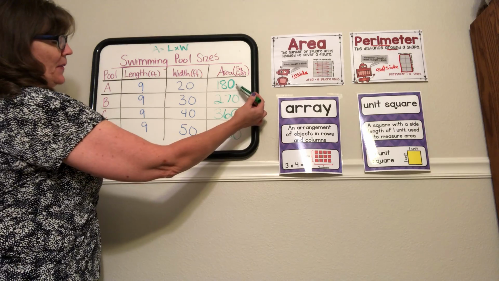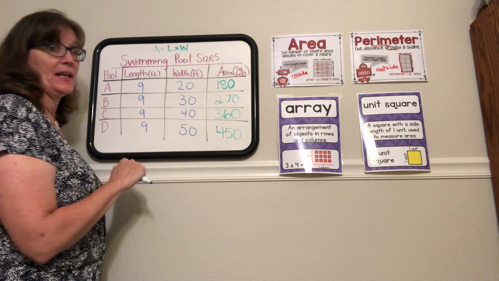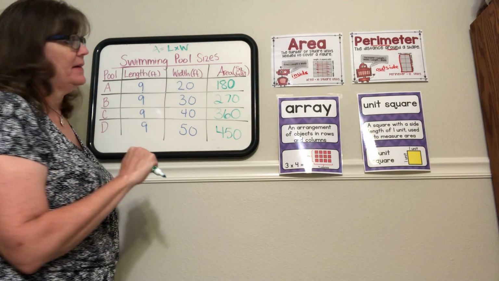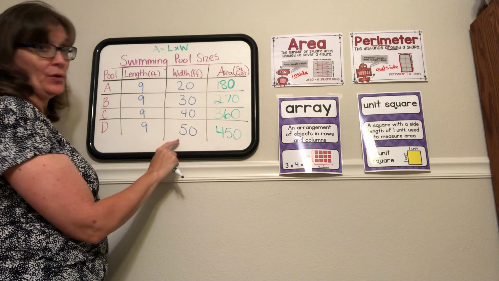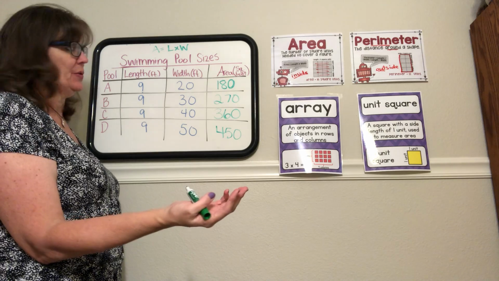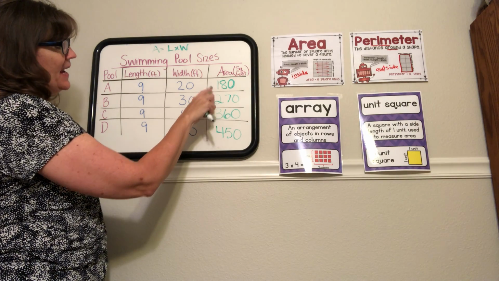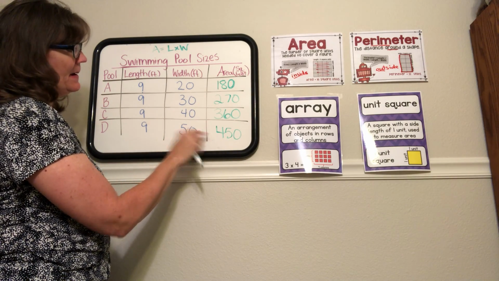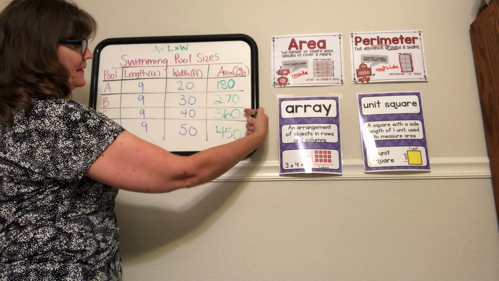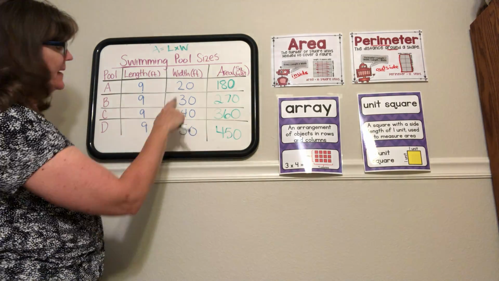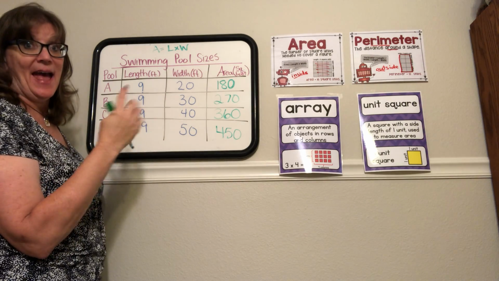Now what do you notice about the area of each of the pools? I notice the area is increasing just like the width was increasing. And the area is increasing by 90. Each time I multiply, this is increasing by 90 because this is increasing by 10.